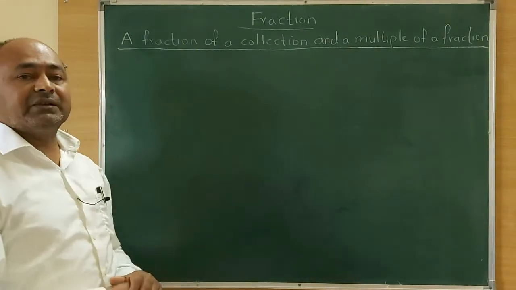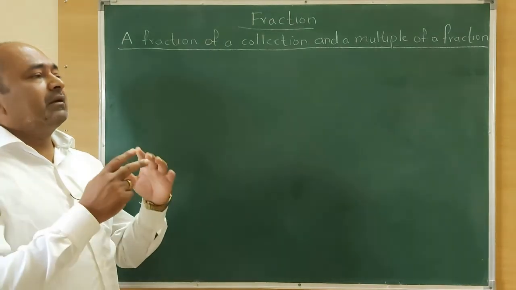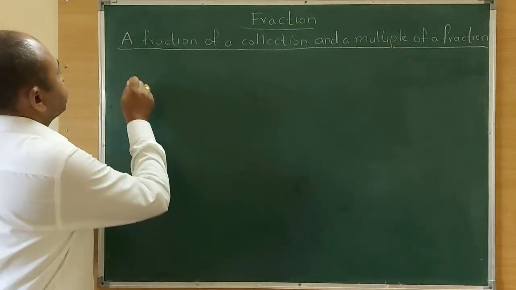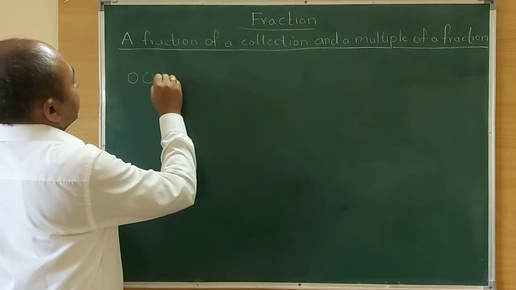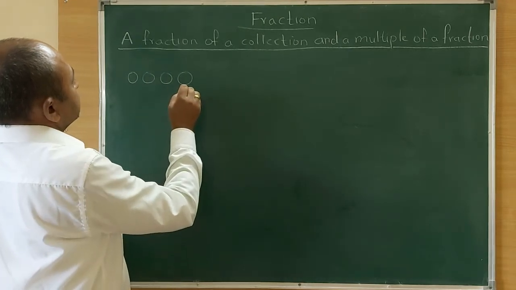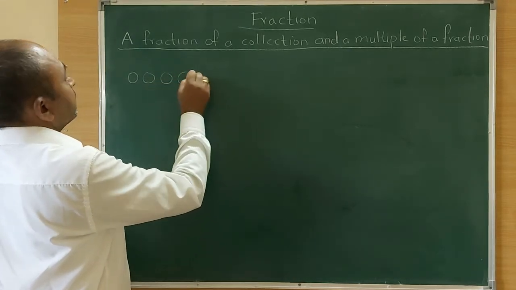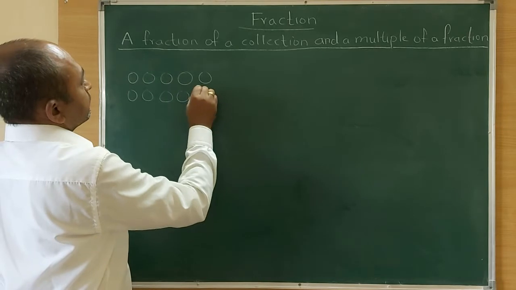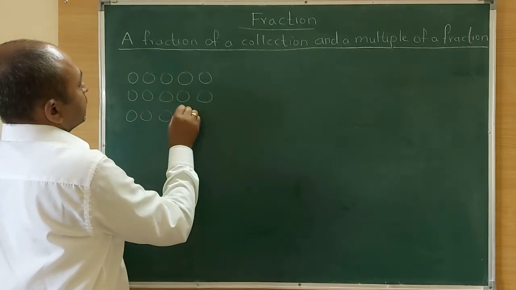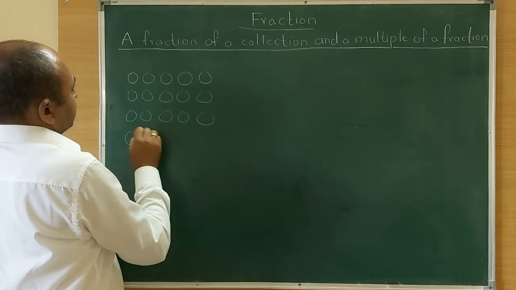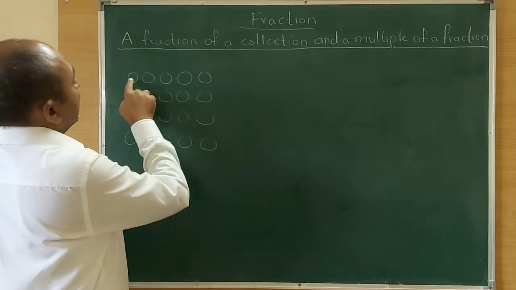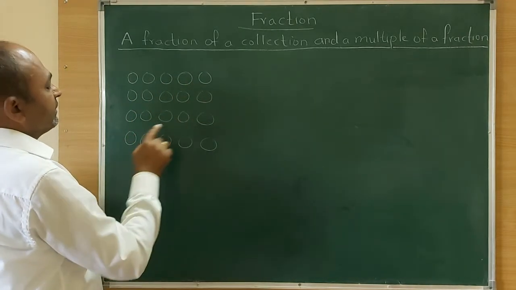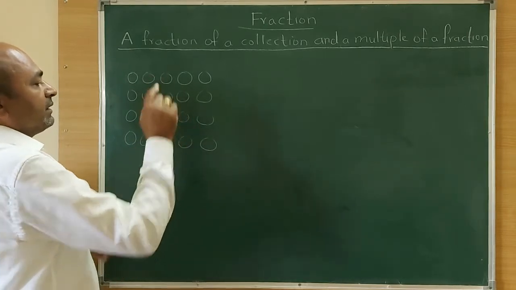Suppose a fraction of a collection, not one whole object, but a collection of some dots, say 20 dots. For example, 20 dots. 1, 2, 3, 4, 5, 6, 7, 8, 9, 10, 11, 12, 13, 14, 15, 16, 17, 18, 19, 20.